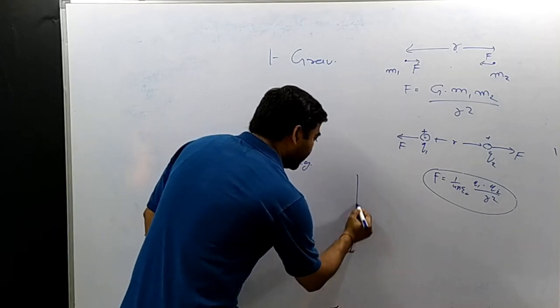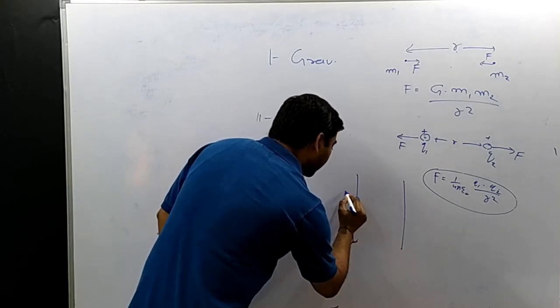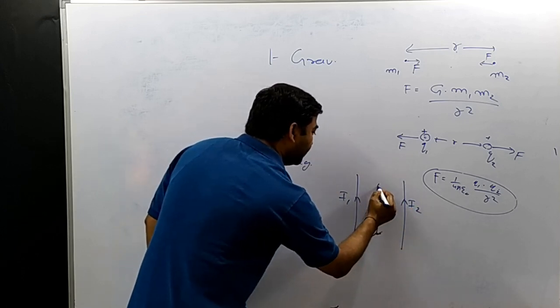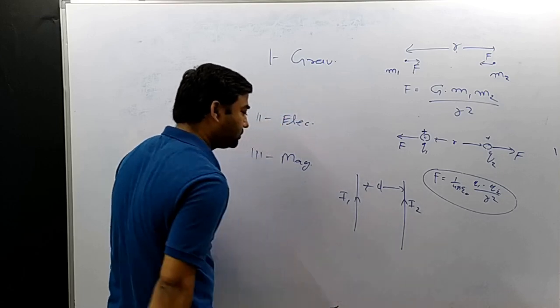Third is magnetic force. There are two wires having currents I1, I2, at distance d.